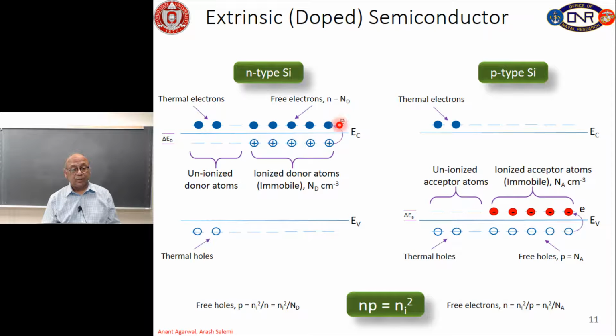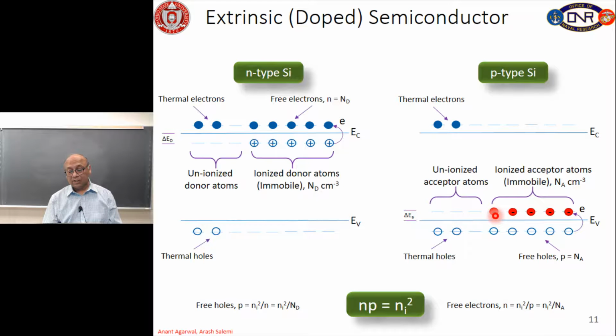Practically at room temperature all the donor atoms were ionized, meaning they had given up their electrons to the conduction band, and therefore, we could write N equals Nd. And same thing for acceptors.